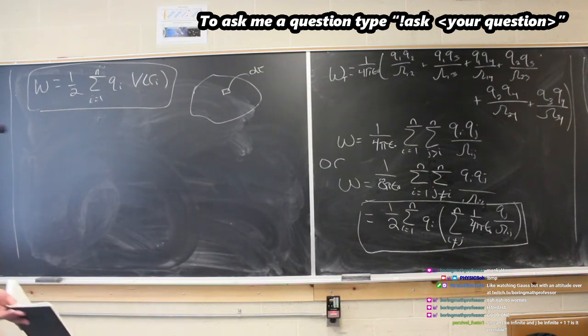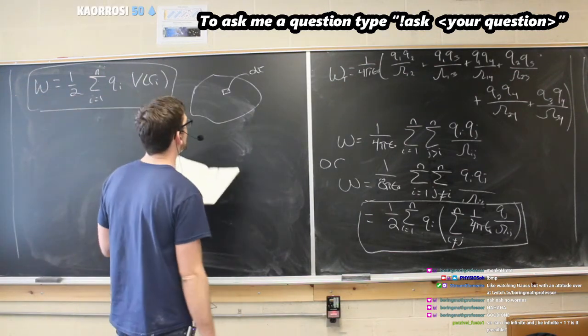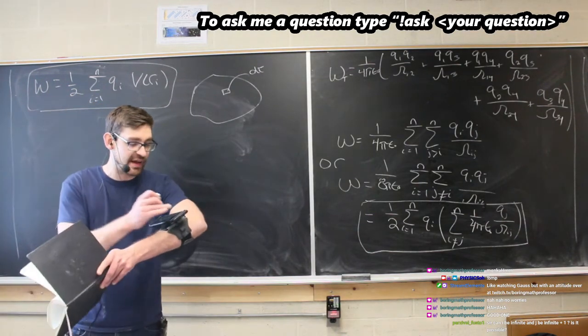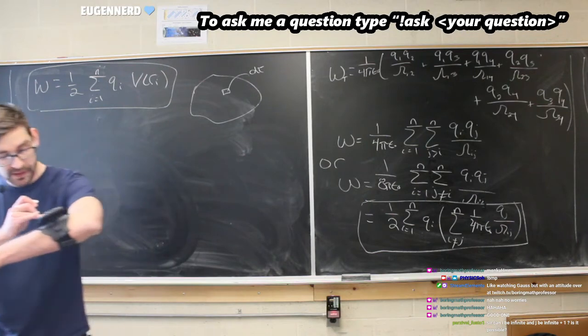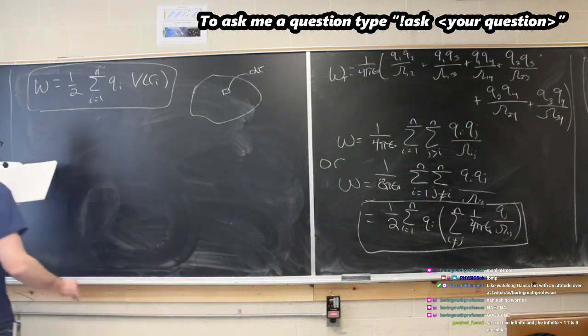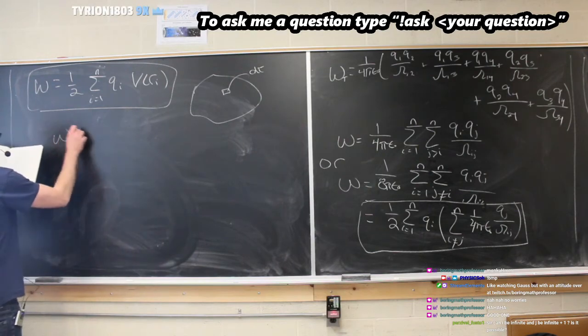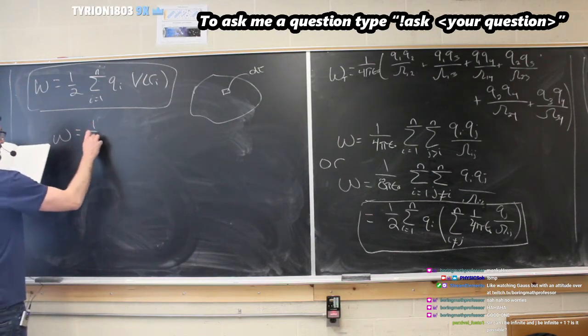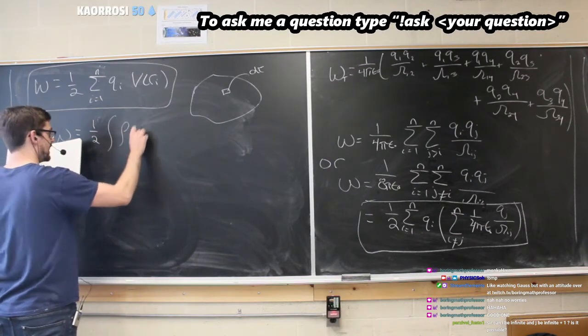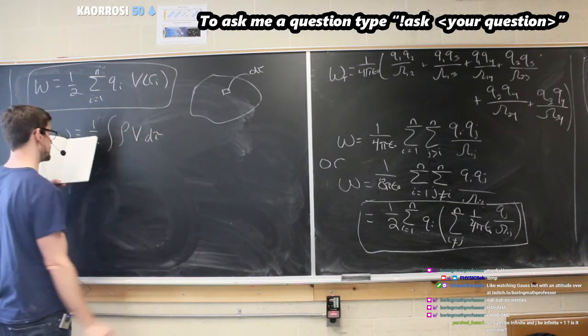So what does that mean, and why is that relevant to Parzival? Well, if there's an infinitesimally small chunk there, that means we can add up infinitely many of these in that section. And how do we do that? Using the tools that we know. Calculus. One half the integral of the charge density times the potential times the infinitesimally small charge section.